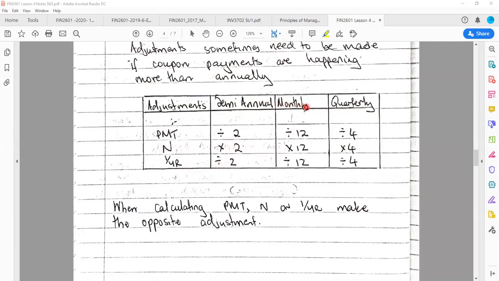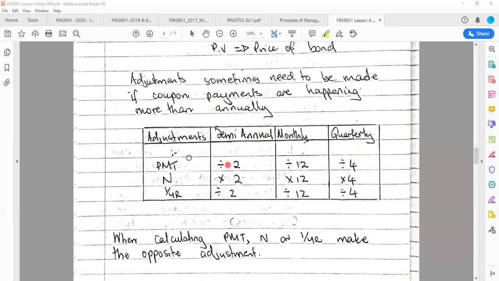If interest payments are happening monthly, we need to divide our PMT by 12, multiply N by 12, and divide our interest by 12. Quarterly, divide our PMT by 4, multiply N by 4, and divide our I over YR by 4, right?